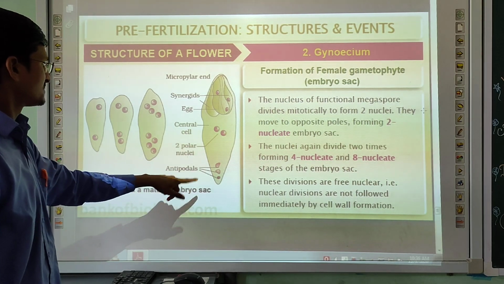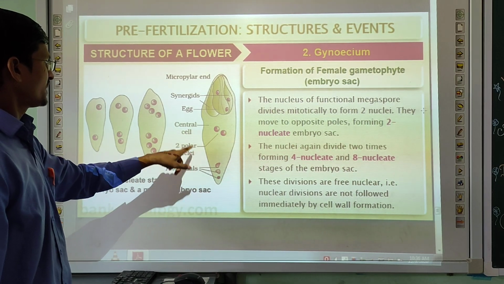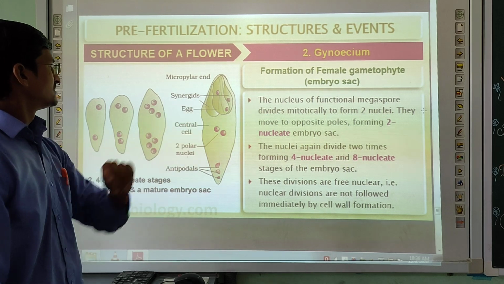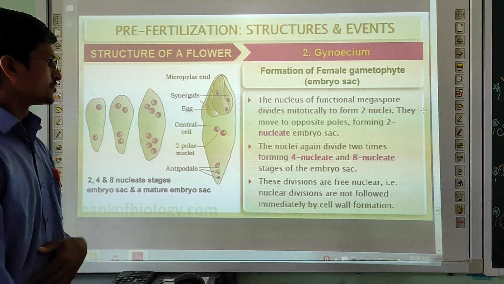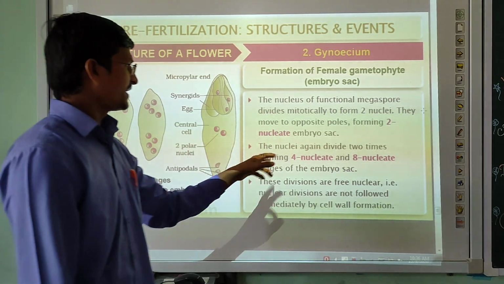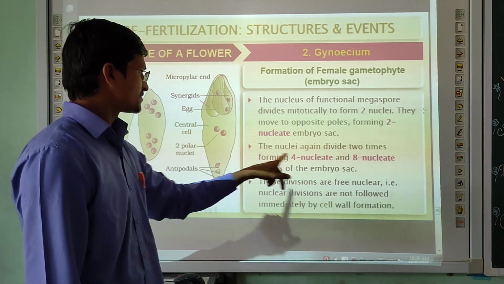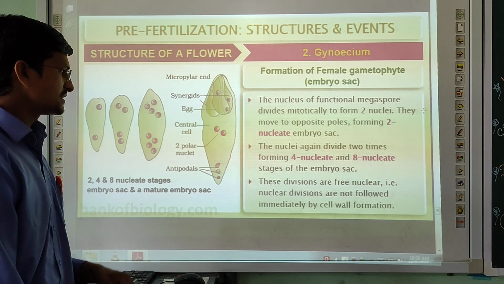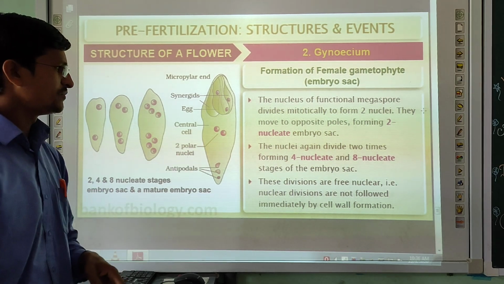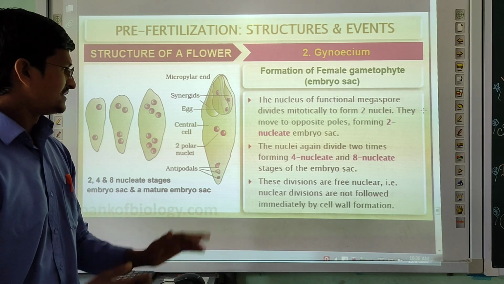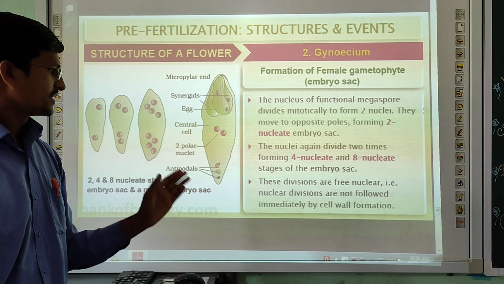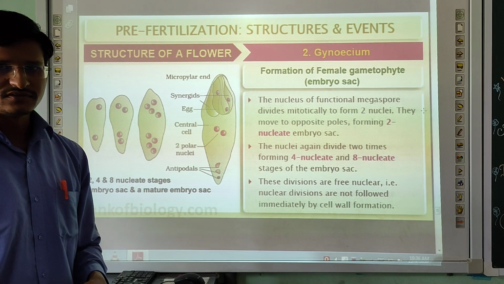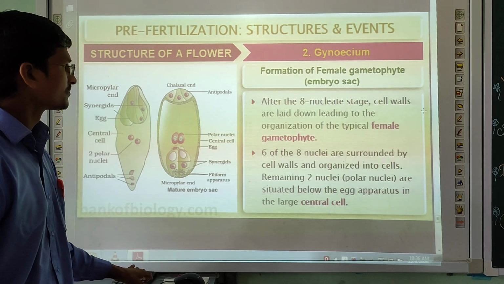That is the antipodals, 2 polar nuclei, central cell, forming a syncytium. So these nuclei again divide 2 times, forming 4-nucleate and 8-nucleate stages. This is the stage of the embryo sac, and these divisions are free nuclear. Nuclear divisions are not followed immediately by cell wall formation.